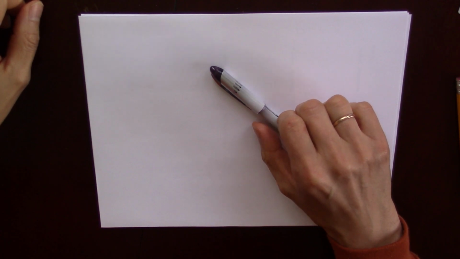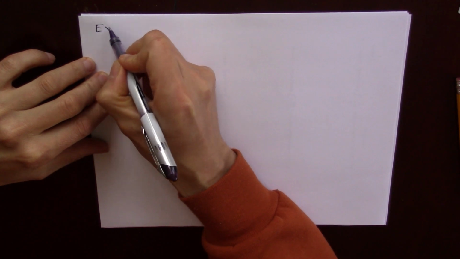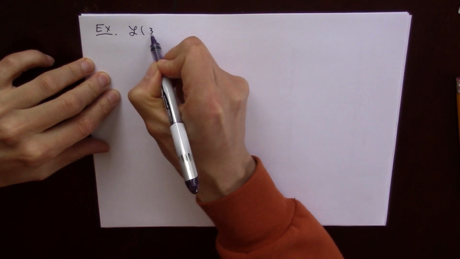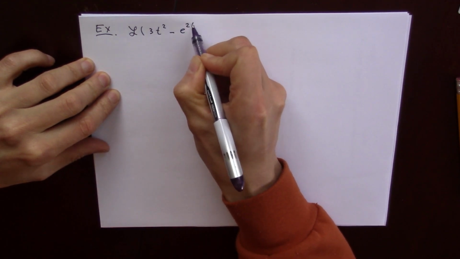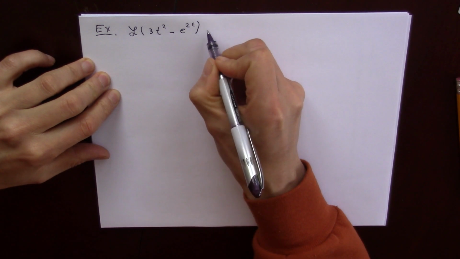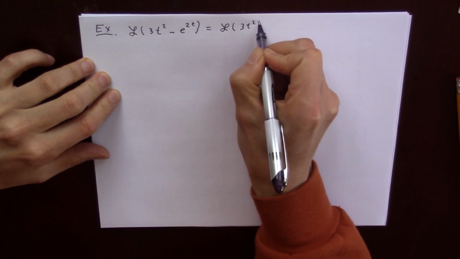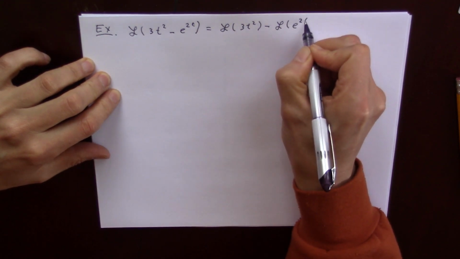I will do a few examples of Laplace transforms. Start with a simple one. If we want to find Laplace transform of 3t squared minus e to the 2t, we will write as Laplace transform of 3t squared minus Laplace transform of e to the 2t.